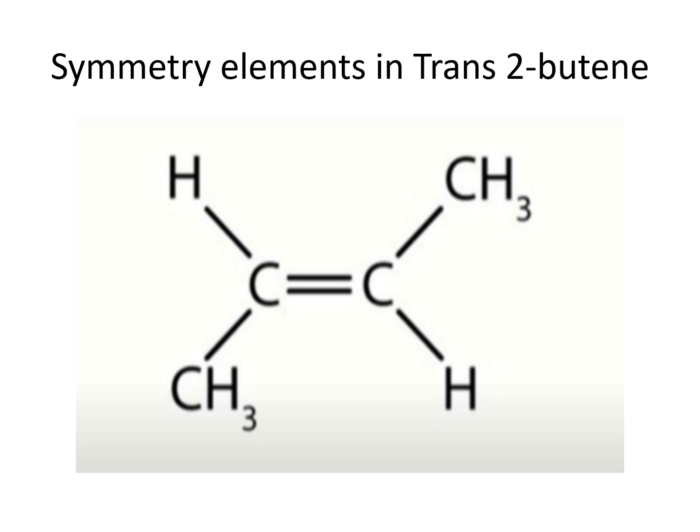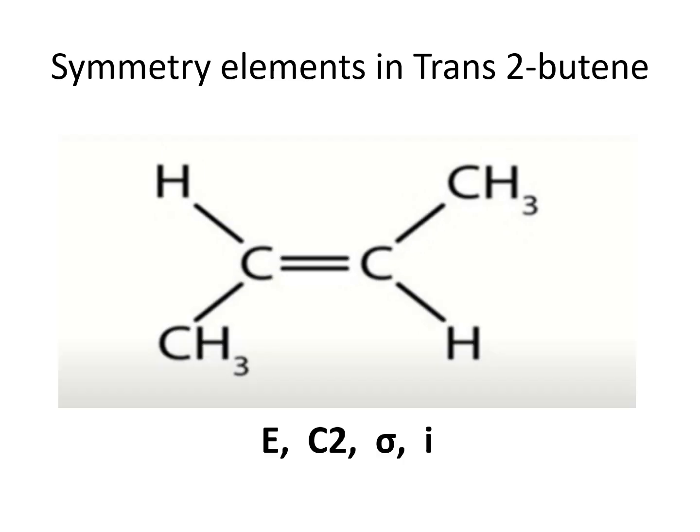Same in the case of the methyl groups on opposite sides. So we can say that there is an inversion center also. So we find 4 symmetry operations in this molecule: identity, C2 rotation, sigma, and inversion center. And this is all about the symmetry operations and elements in trans 2-butene.